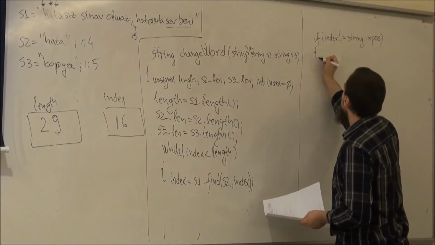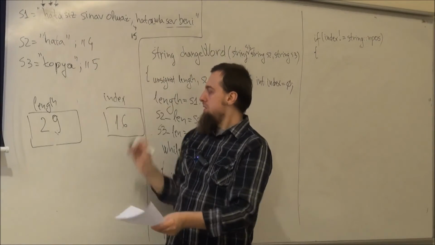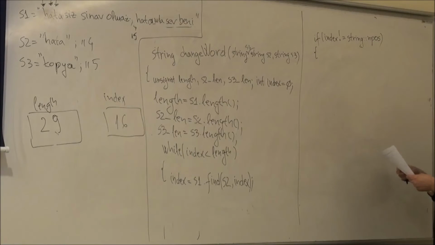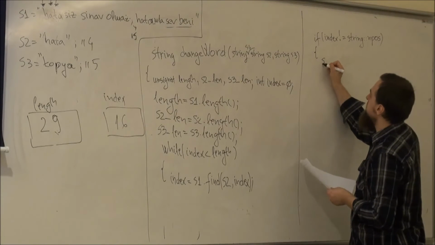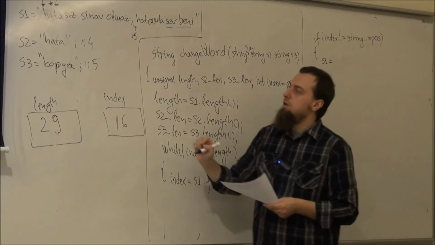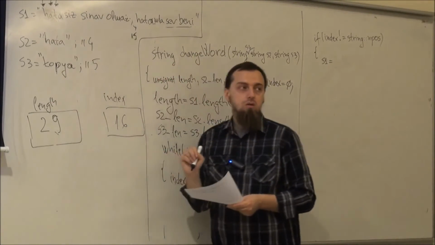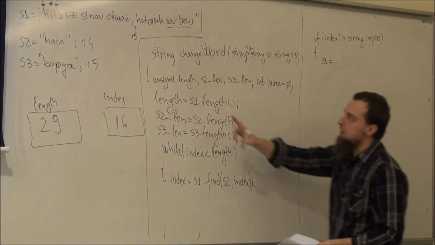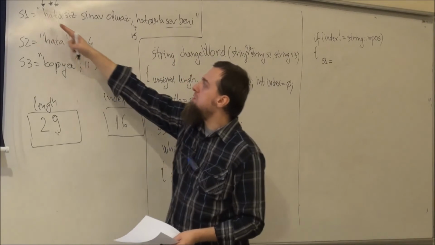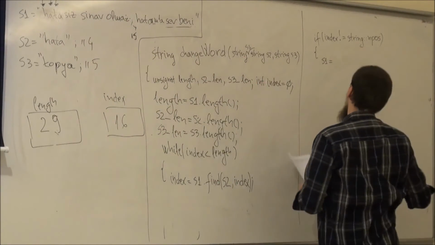So if we have found it, what should we do? We should do the thing that I told you. Remember S1 is equal to substring blah blah blah, and I'm writing it here. So S1, the new string, is equal to: we should change hata to copia, but this hata might be here, let's say. From 0 to this character, it's the same.